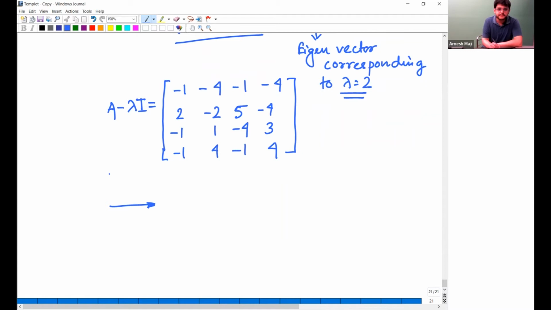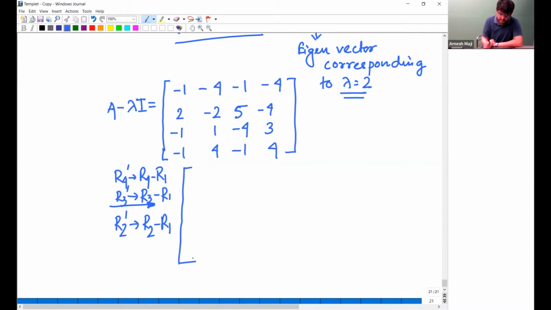So if we put lambda equal to 2, we will get this as the matrix. Now we will do simple row operations, which I demonstrated in the last class. We will subtract the first row from the fourth row and put that in the fourth row. We will subtract the third row from the first row and put that in the third row, and subtract the second row from the first row and put that in the second row. So we will get this.